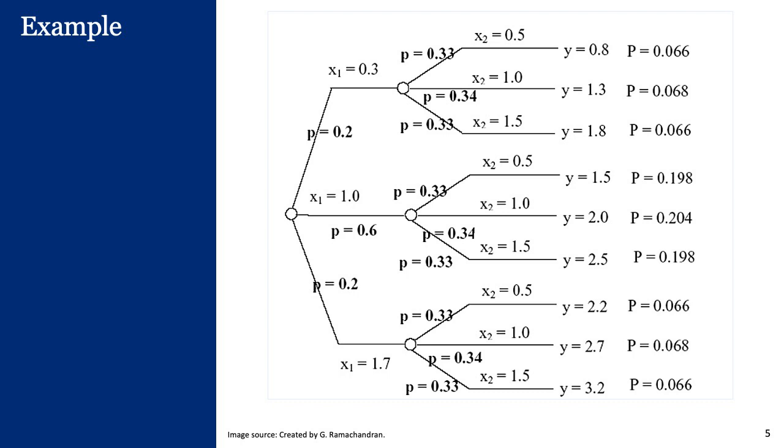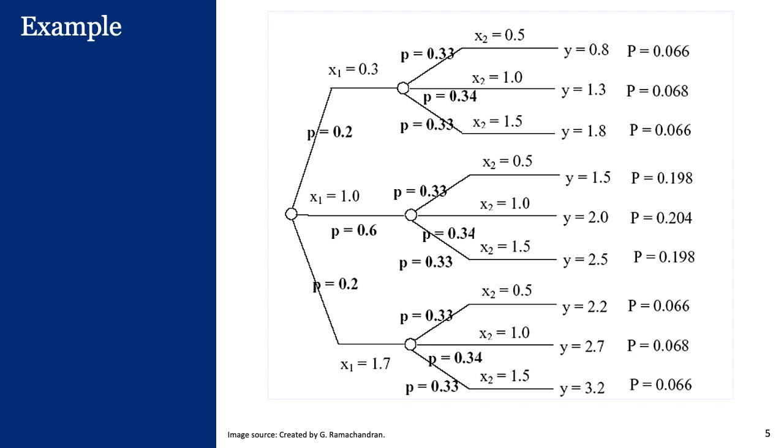And so the probability of y will be the product of these two probabilities. That is 0.2 times 0.33, or 0.066. Likewise, the second value, y equal to 1.3, will occur only when x1 is 0.3 with a probability of 0.2 and x2 equal to 1 with a probability of 0.34. And so the probability of y equal to 1.3 is 0.068.